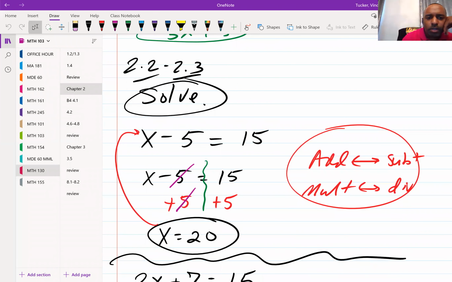Hold on one second. We're talking about the addition and multiplication properties, solving linear equations, 2.2, 3, introduction to problem solving. Okay. I wonder why I didn't start this off. Okay, let's do this. Let me go to another page of notes, start you guys off right.